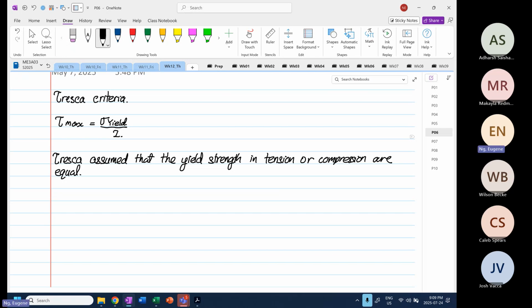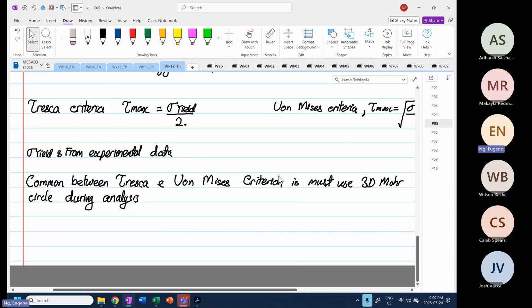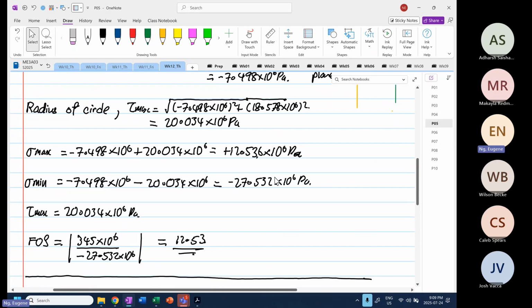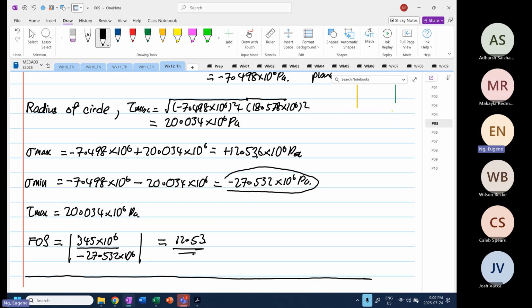Indirectly, I've introduced you to the Tresca criteria in the previous example. As you can see over here, we realize that stress min is equal to minus 275, yet I use 345. Why?